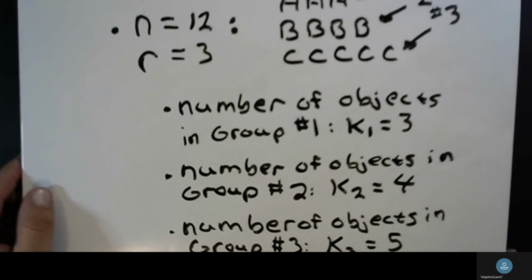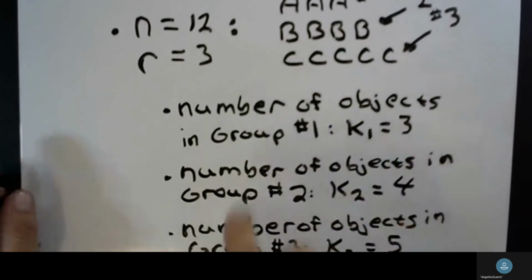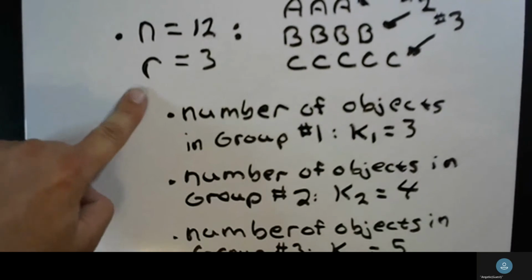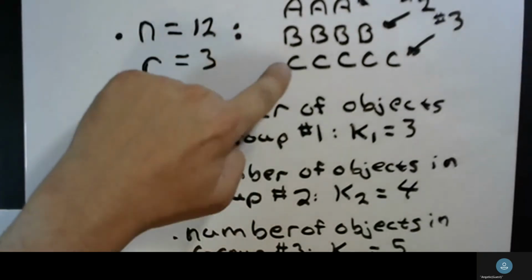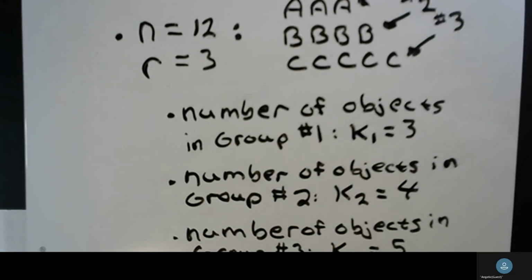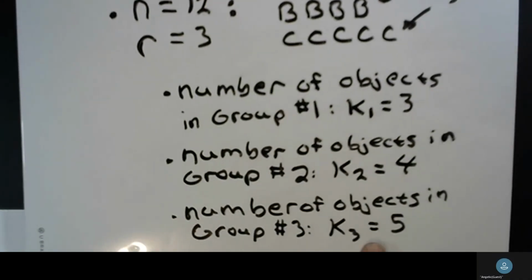So to recap, we have 12 objects divided into 3 groups, the A's, the B's, and the C's. The number of A's is 3, the number of B's is 4, and the number of C's is 5.